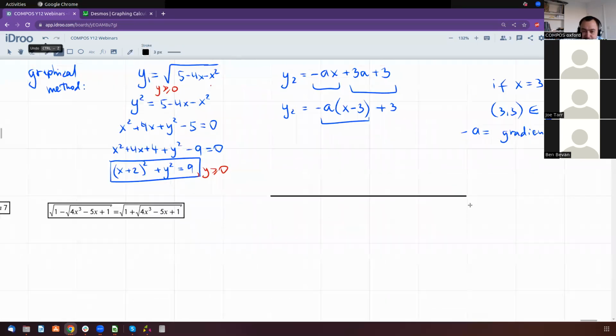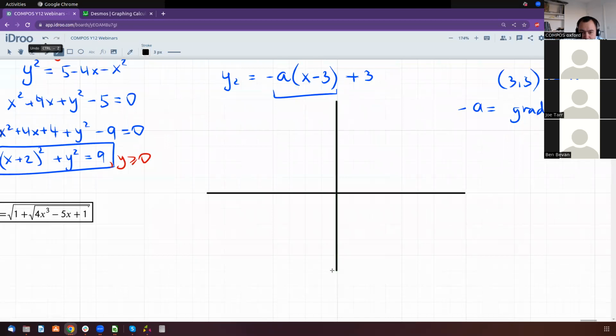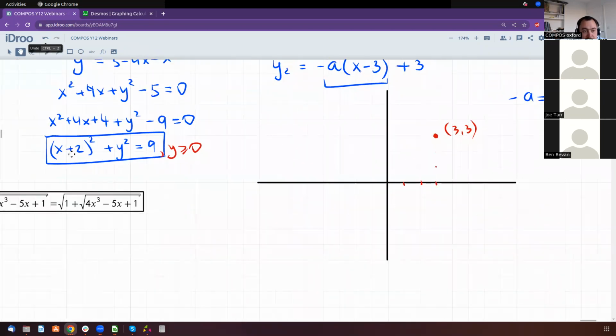We draw it. So 1, 2, 3, 1, 2, 3, 1, 2, 3. So we have a straight line going through this point, 3, 3. And this is a circle of radius 3 going through the point minus 2, 0.